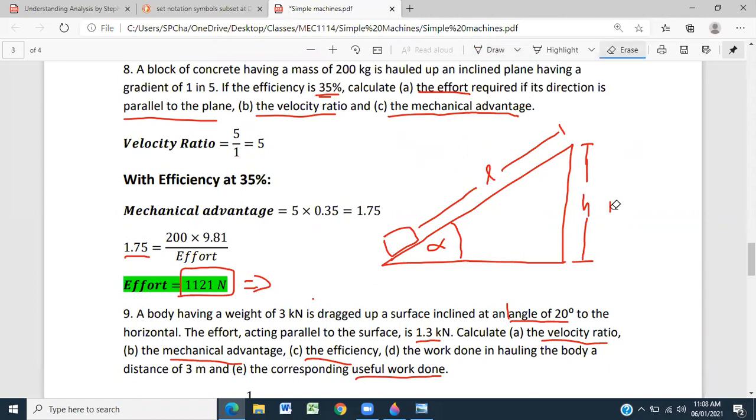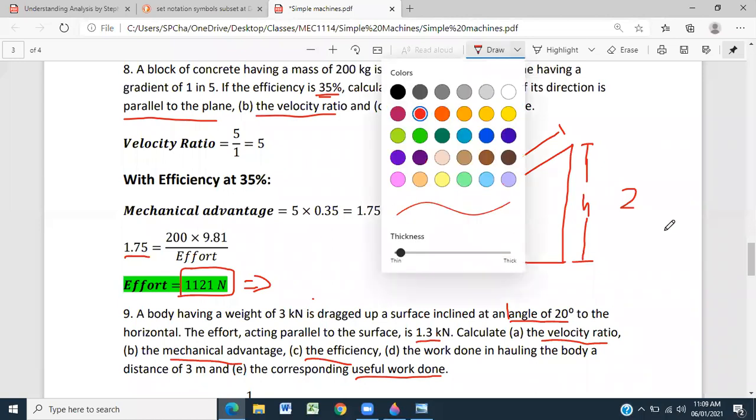Now, let's say we have the same gradient of 1 in 5, but the height we travel is longer. It would be 2, right? So 2. Now, if the gradient is still 1 in 5, which is every 1 meter we travel 5 in length, the length here would be 10. So the 1 in 5 would be somewhere around here.